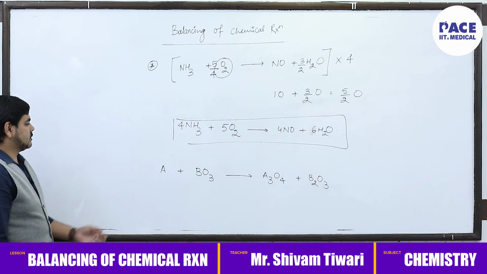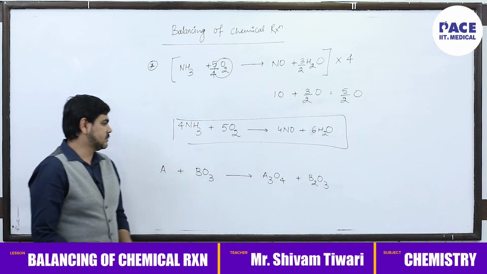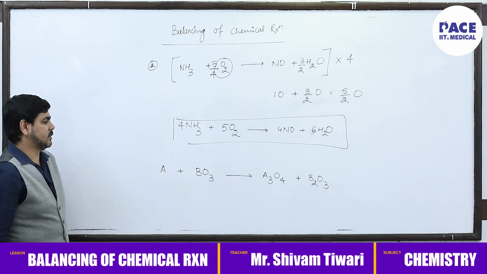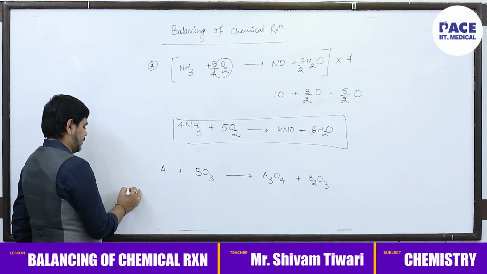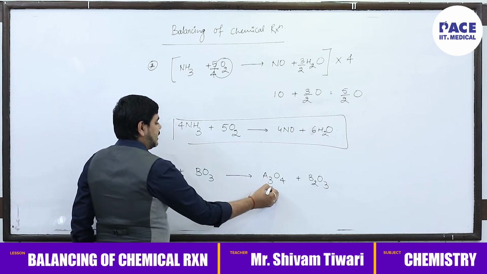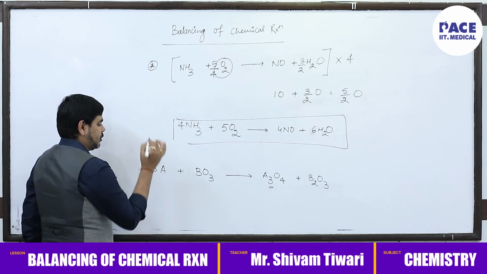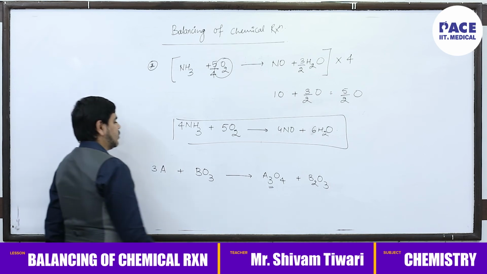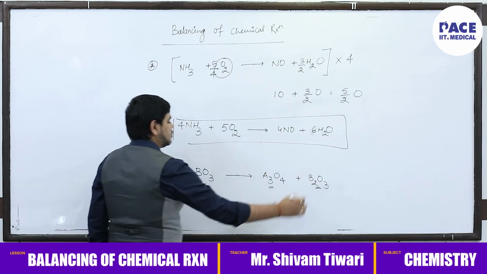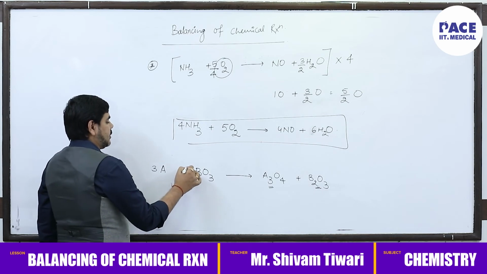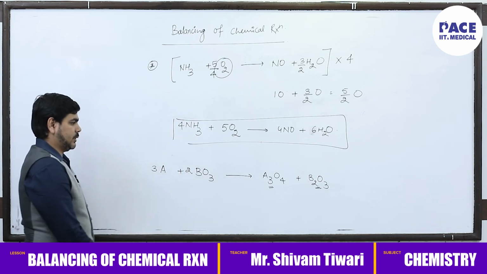Now we have to balance this. First we are going to balance A, so this is going to be 3A. If we balance B, this is going to be 2B.